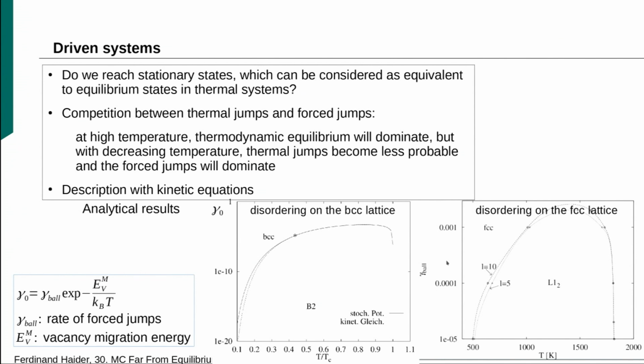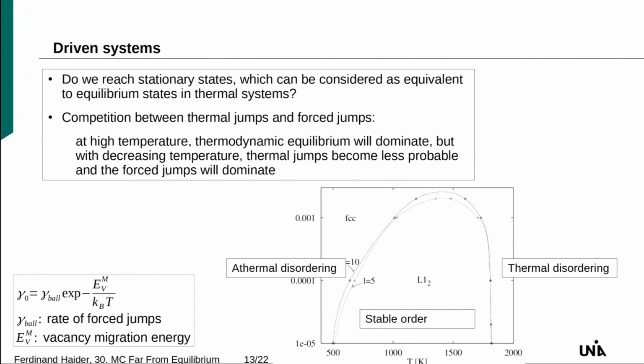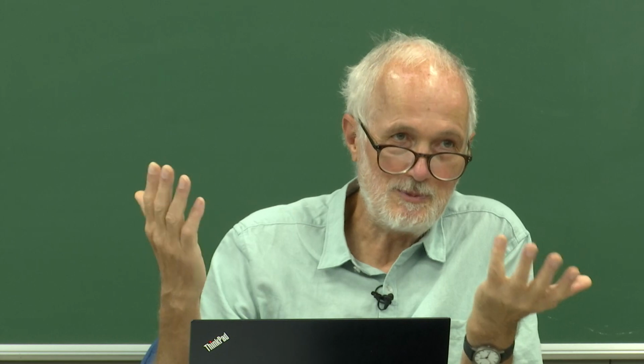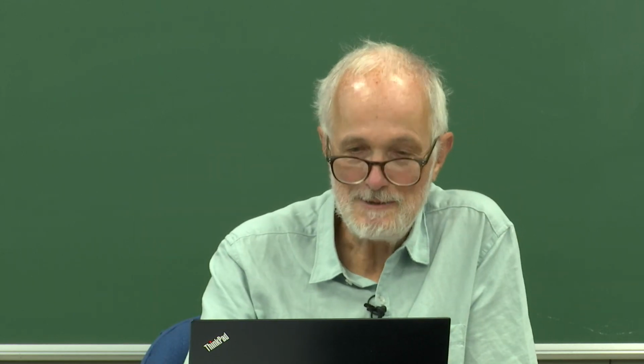And the question is, can we believe these simple analytical models, or should we do it a bit better? Here, marked here, you have the athermal disordering, here you have the thermal disordering, and here you find a region of stable order. You find stationary states. I would not call it equilibrium, but a stable state of order. Equilibrium would mean that it is thermal.